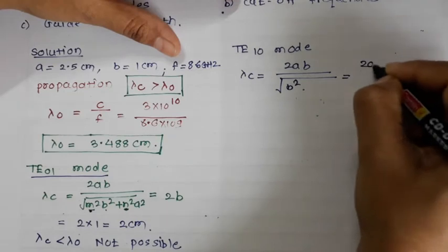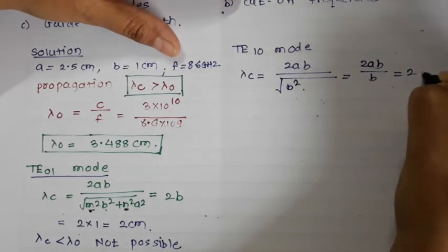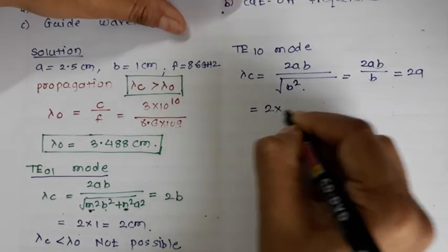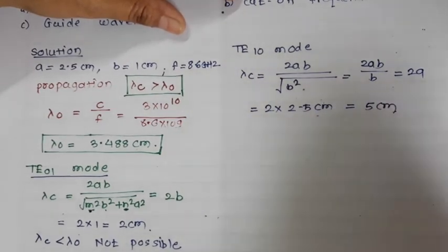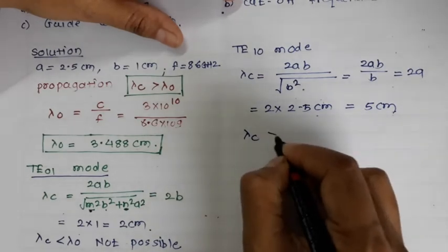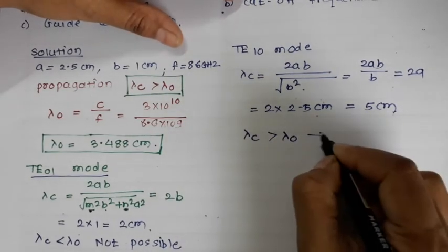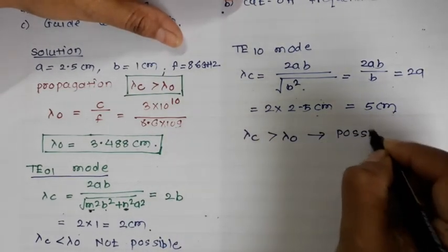So twice AB by B will be twice of A. So A is 2.5 centimeter. So this will be 5 centimeter. So I can say your lambda C is greater than lambda 0. This mode is possible.